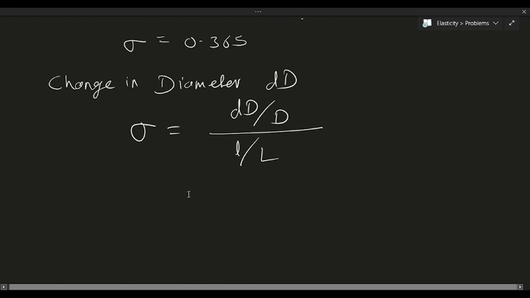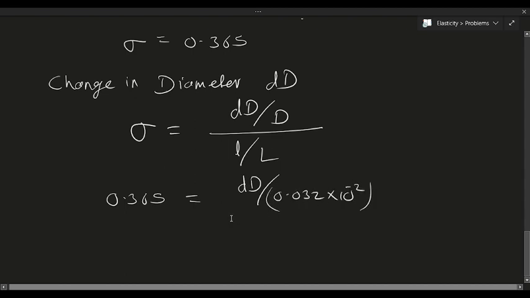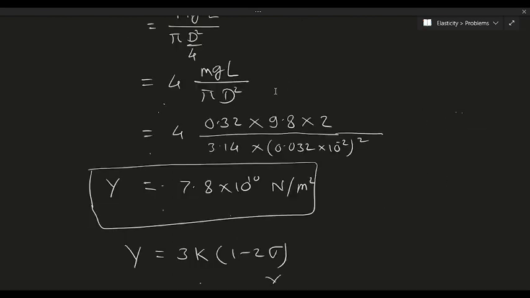So all the values are given. Poisson's ratio is 0.365. Change in diameter is to be found out. Original diameter is 0.032 into 10 raised to minus 2 meter, divided by change in length. We missed change in length in the previous calculation for Young's modulus.